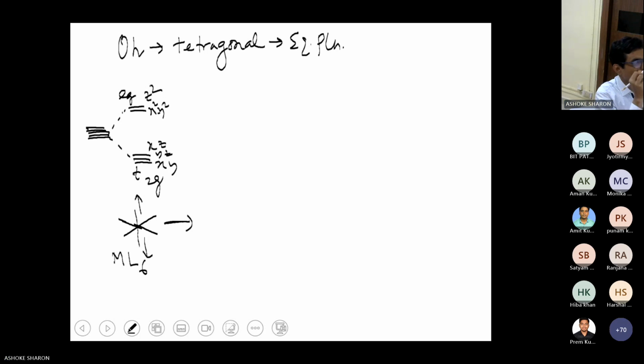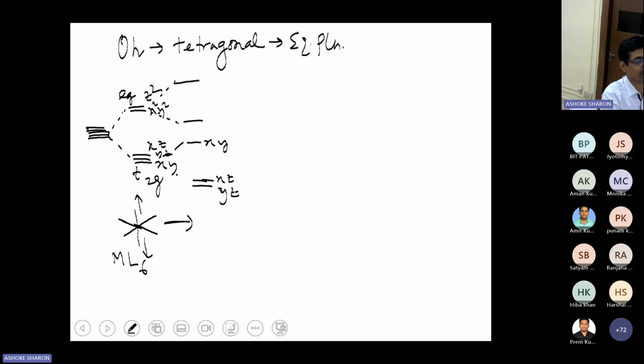Now along the z axis they become stabilized, so they will be split into two, and xz, yz will be stabilized and xy will be destabilized again to maintain the barycenter.